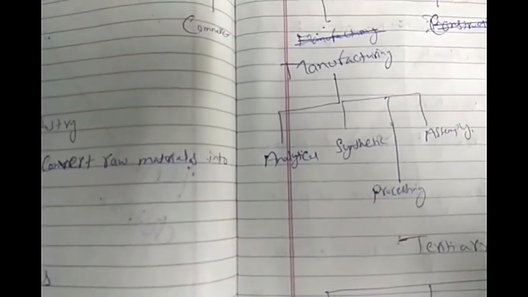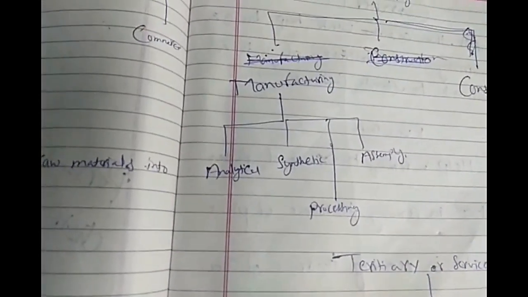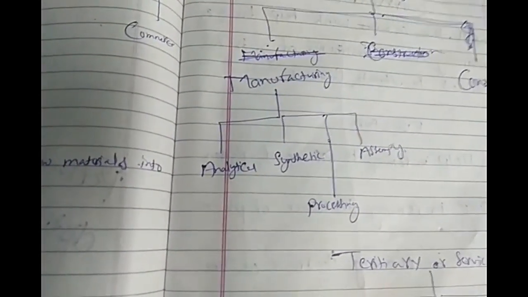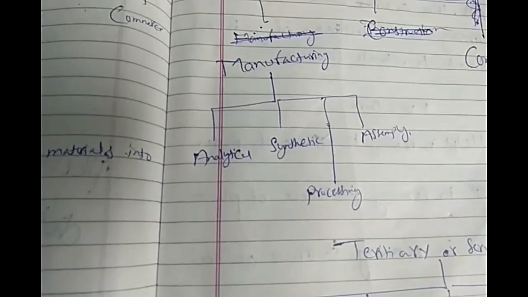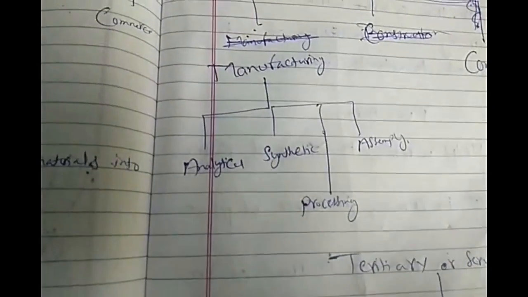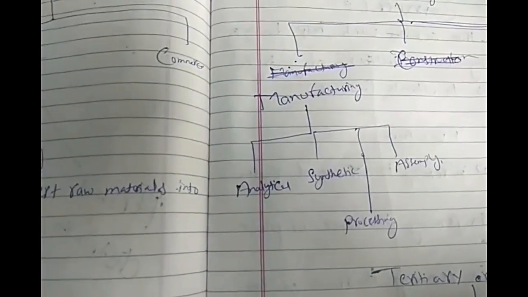So first of all, I am going to make you understand manufacturing industry. Manufacturing industries are those industries which are involved in the process of converting raw material into semi-finished or finished goods.